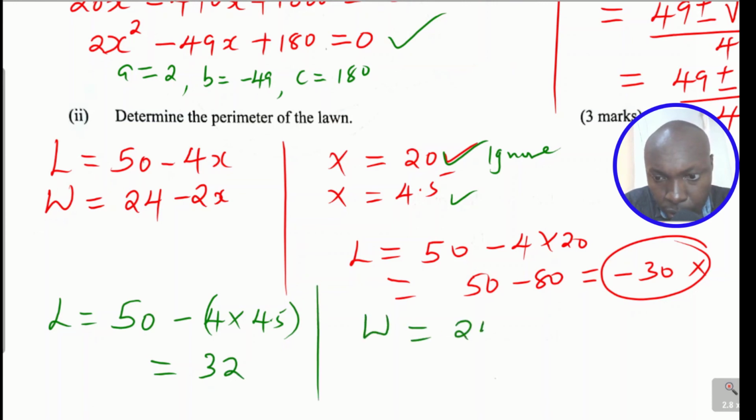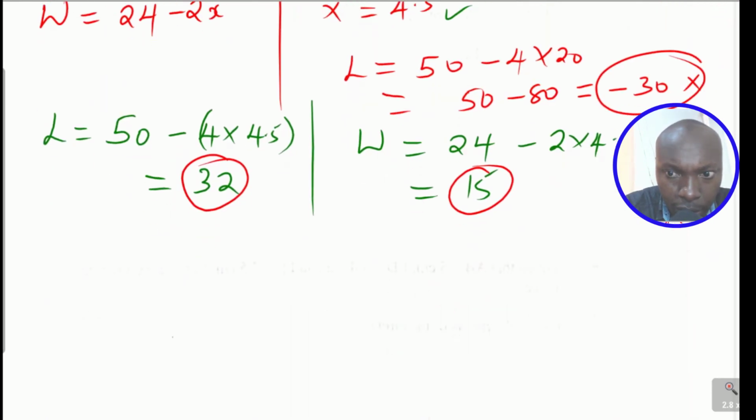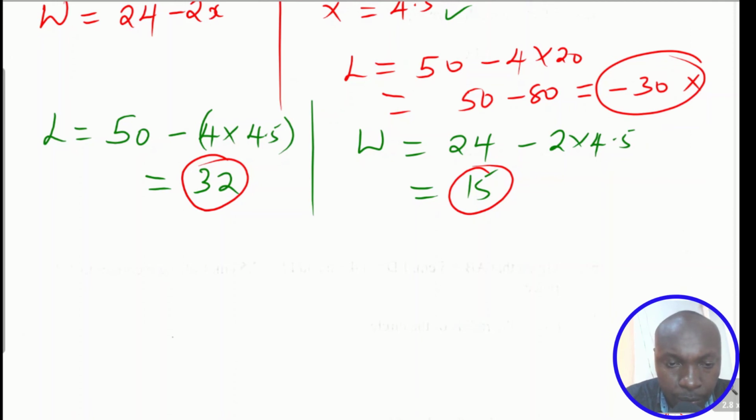The width will be 24 subtract 2 times 4.5, and you get 15. Now you notice that this one gives us the right measurement, not a negative measurement like in the case where we used x is equal to 20. So we are going to consider x is equal to 4.5.